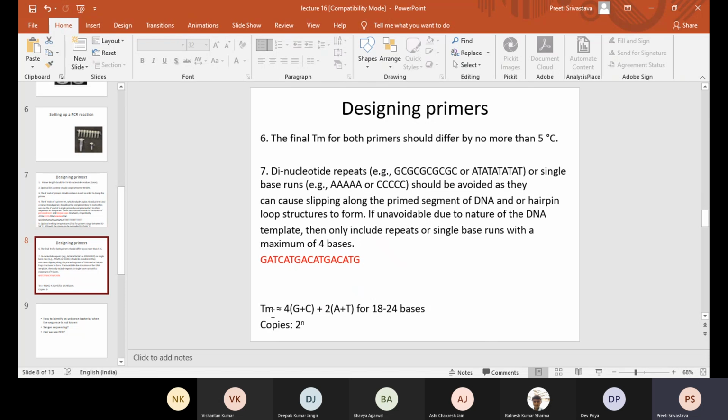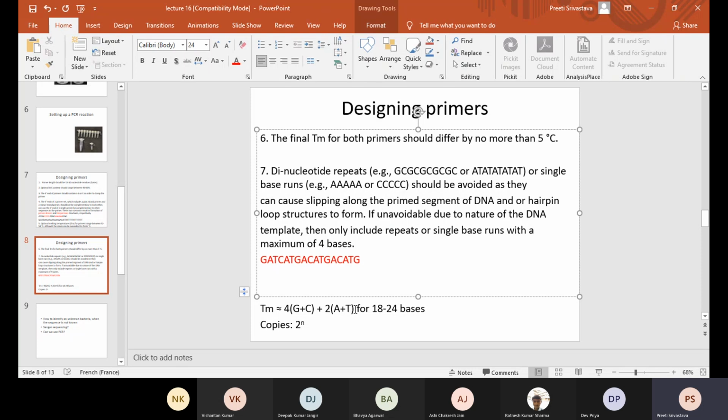Melting temperature Tm is calculated by this formula which is written at the bottom over here: 4 into (G plus C) plus 2 into (A plus T). This formula works only for primers which are in the range of 24 bases. The moment the length increases, this formula will not be applicable, and in that case there are lots of considerations, like formation of secondary structure, concentrations of salt, and many other factors.